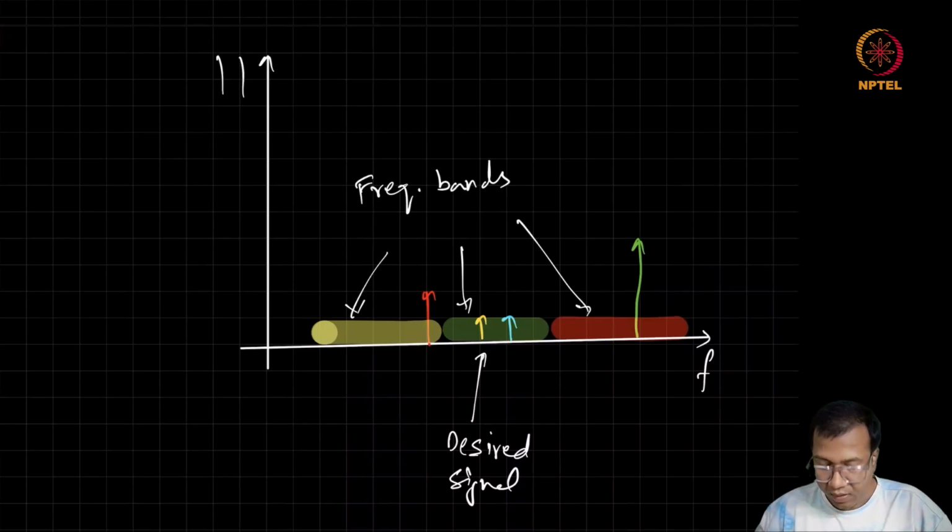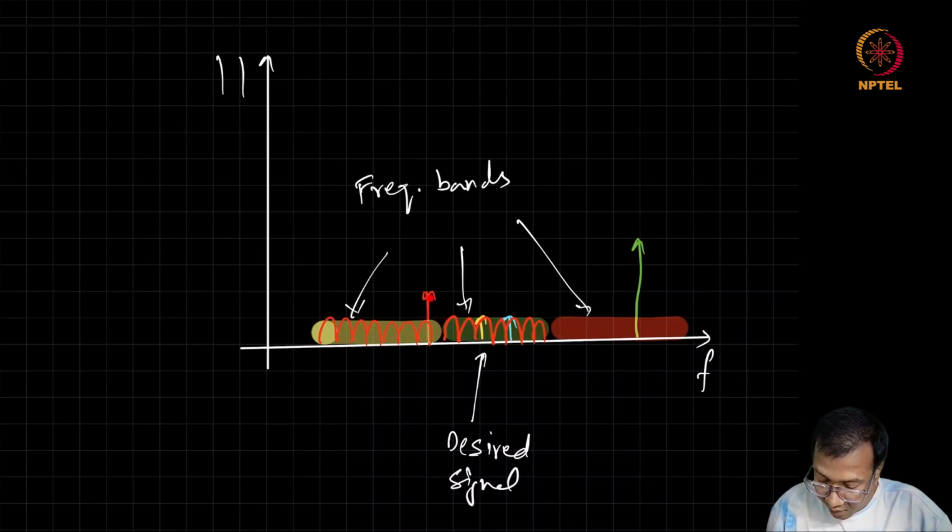And most of the time, these frequency bands are further subdivided into small frequency channels. Within these frequency channels, one channel may contain the desired signal, while other frequency channels may contain some unrelated signals which are still sitting in the same band.